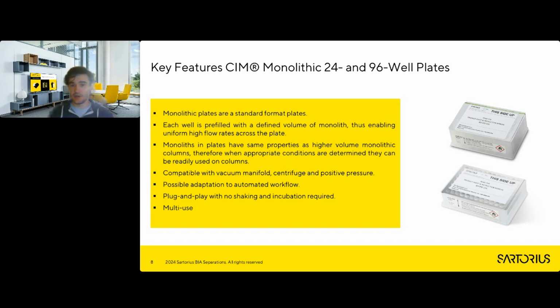Once you open the plates, you remove the storage solution according to the instruction manual, and then you can begin your experiment. The plates are also multi-use. You can clean them with most chemistries, including 1 molar sodium hydroxide, then re-equilibrate the media inside and store them according to the instruction manual.